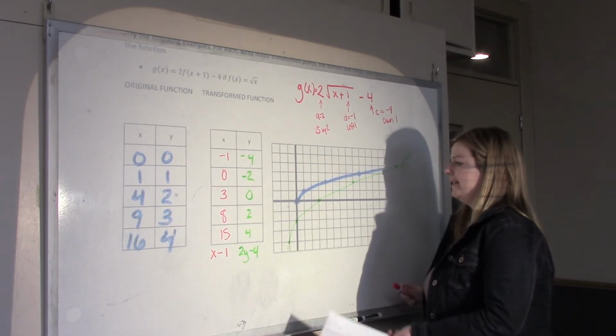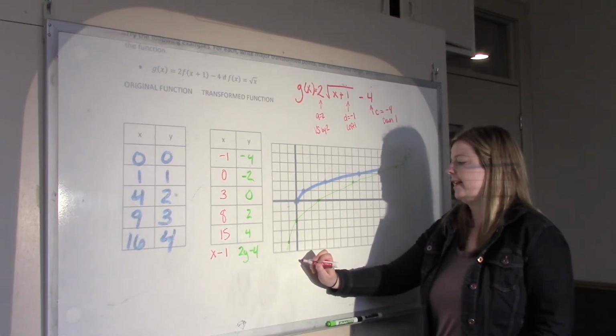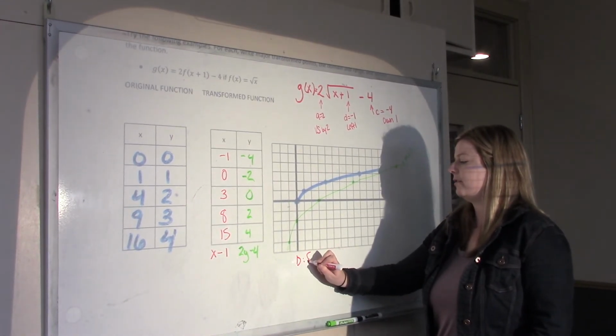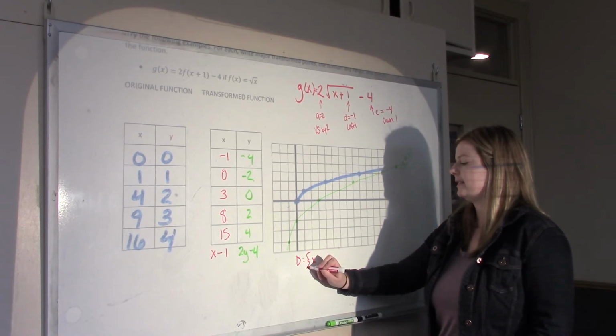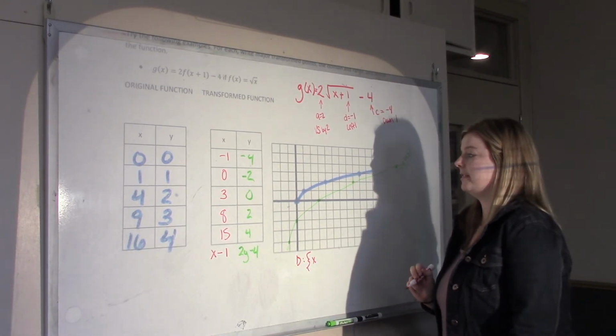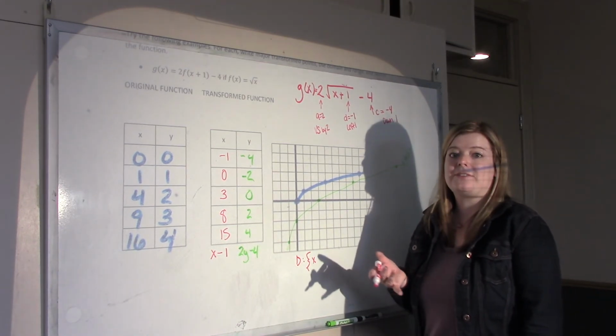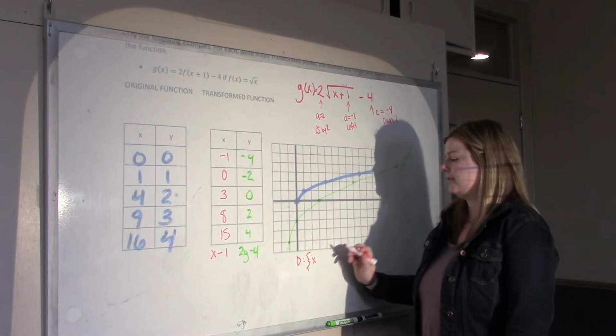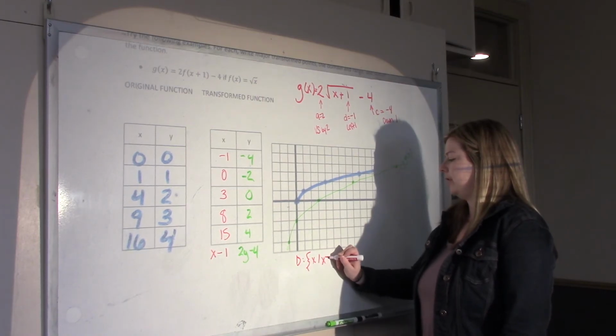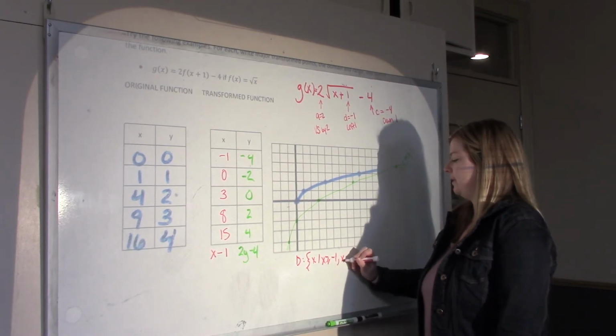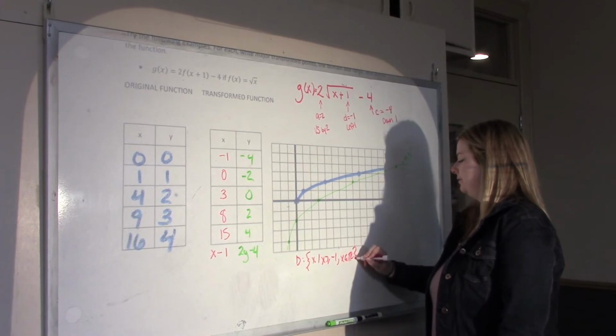So your new domain then, okay, now think about it. Originally, our domain was x, such that x is greater than or equal to 0, but now it's been moved to the left, okay? So remember, domain is affected by k and d values, so our x is now greater than or equal to negative 1 because we've moved everything to the left 1.